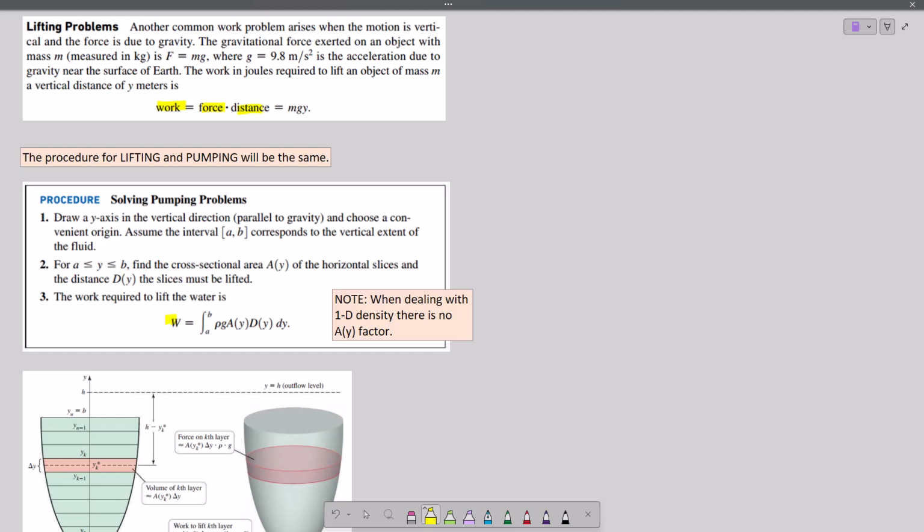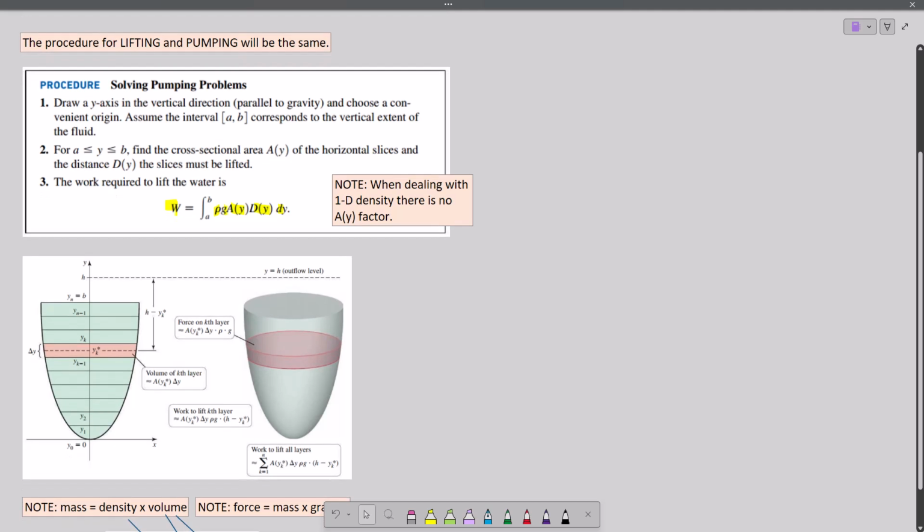So on the left we have work, which we know we're supposed to end up with Newton meters for work. And if you go through each one of these different factors, you should end up with Newton meters. If you don't, then something's missing. And I have a slide that I'm going to show you in a minute that talks about the units of each of these things in here. And we're going to talk about this in detail in a moment.